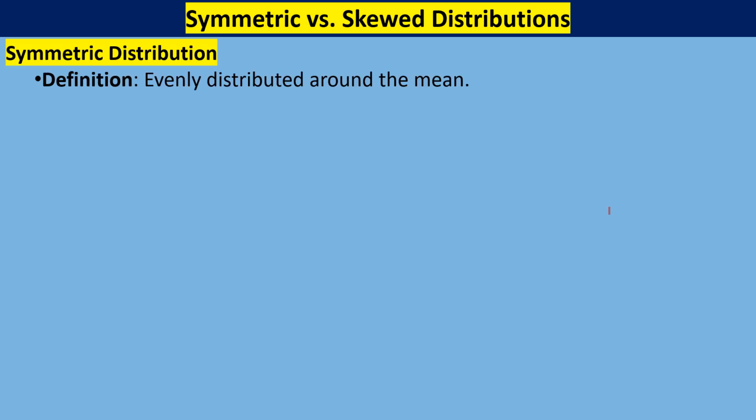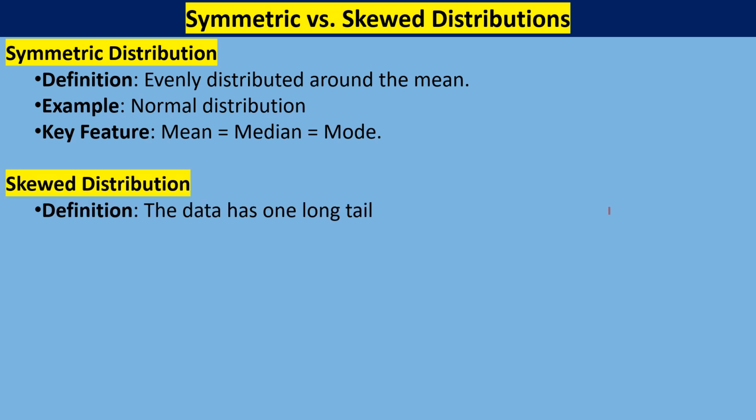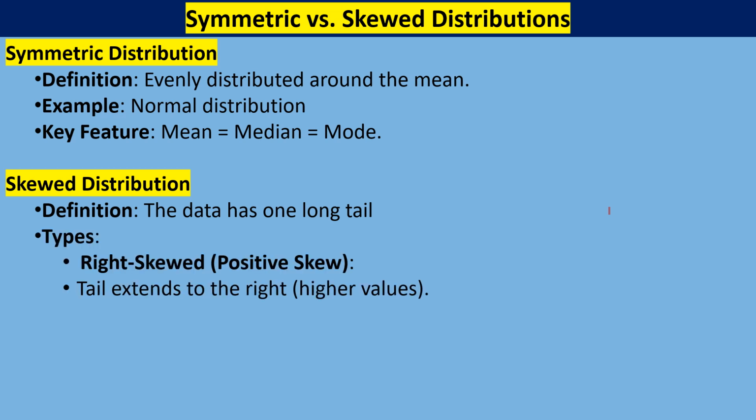Symmetric versus skewed distribution. In a symmetric distribution, the data is evenly distributed around the mean. An example is the normal distribution, the bell-shaped curve already discussed. Key feature: the mean is equal to the median and the mode. In a skewed distribution, the data has one long tail, either right or left.